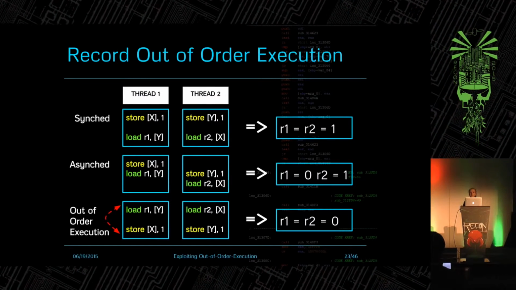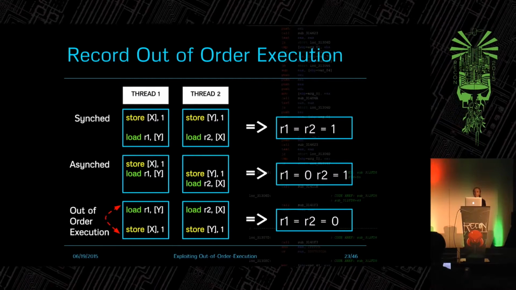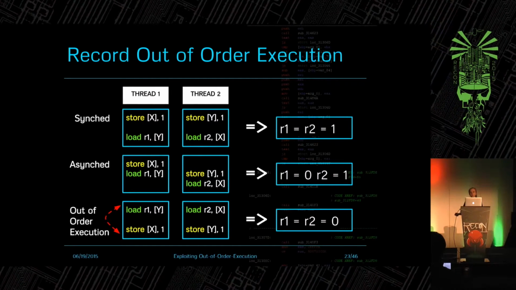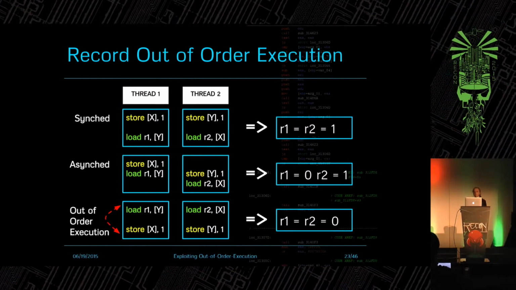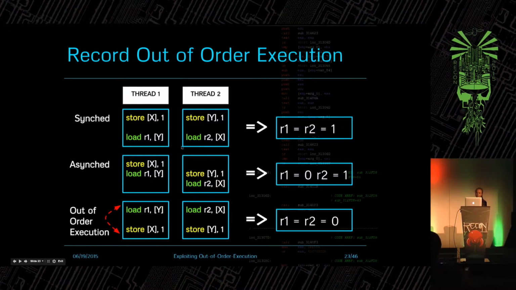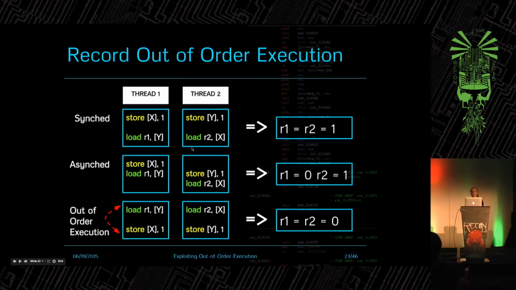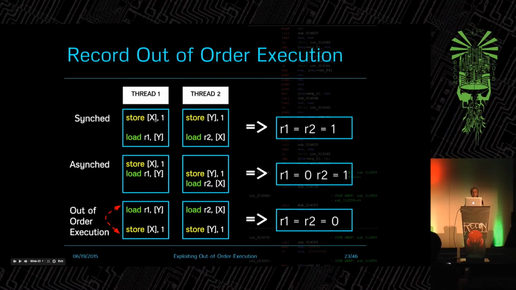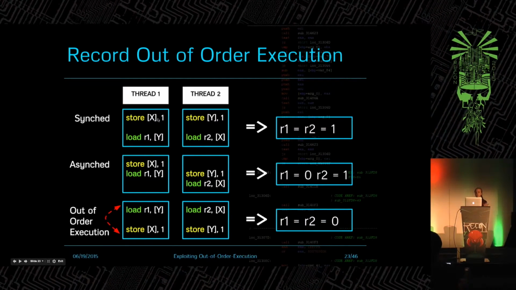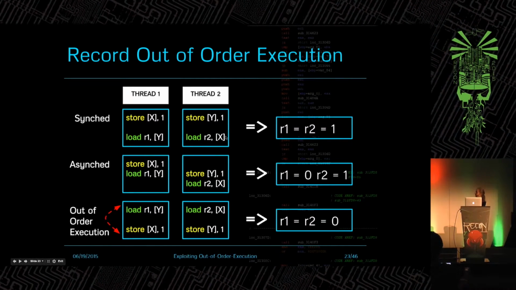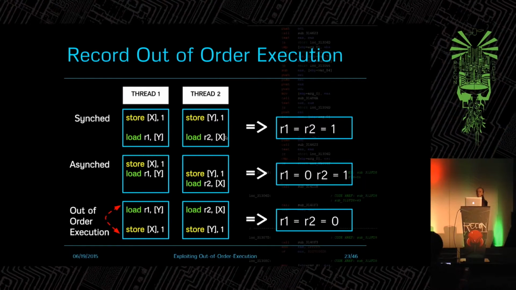So we have two threads, thread 1 and 2, and they're both storing a value to a specific spot in memory and then loading from memory. Now the key thing here is that the load is happening from the opposite location in memory. So it's store of 1 to x, but the load from x to R2 happens in the other thread.